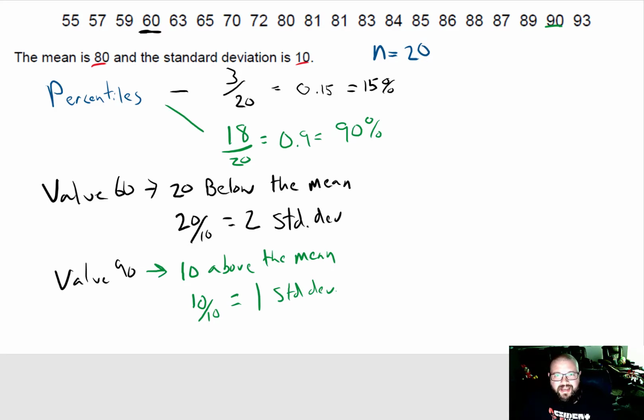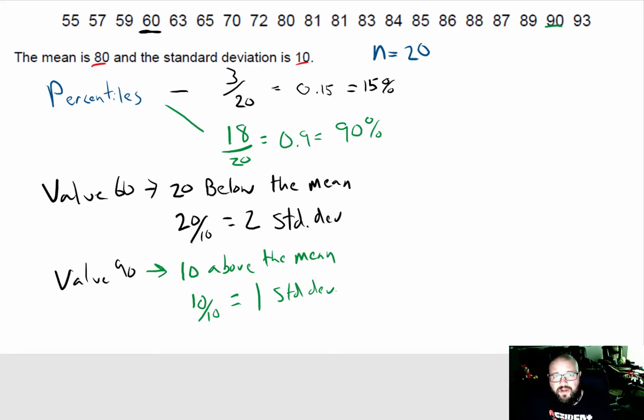But for right now we're just looking at standard deviations because the standard deviation value is 10. So 60 is 2 standard deviations away from the mean, and 90 is 1 standard deviation away from the mean because 80 plus 10 is 90. When we talk about Z-scores, it'll make more sense as far as determining which direction away from the mean it is.